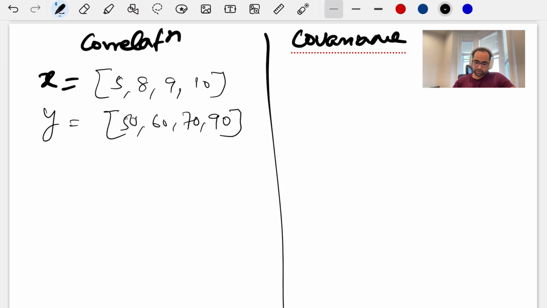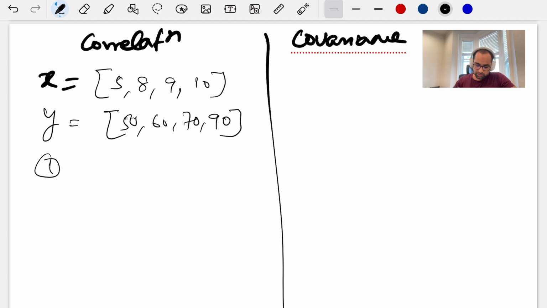So I want to understand the relationship between these two, in terms of whether, if you study more, there is a chance to get more scores. This is what I'm trying to understand. So for that, we use correlation.